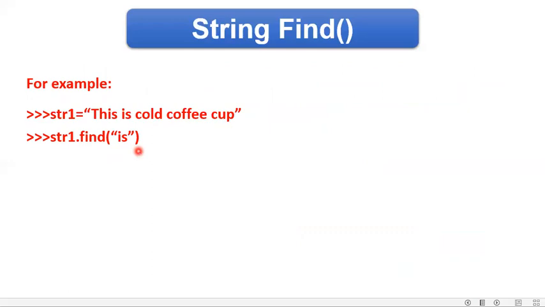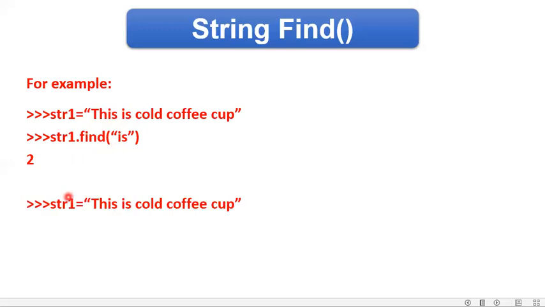So wherever it finds "is" at the start, it will return me that index position. So I am getting 2. Why? Let's count it: 0, 1, 2. So my "is" is starting from the second index position. Now in this case, it doesn't matter that "is" appears later on also. It always returns me the index position of the first occurrence of my substring.